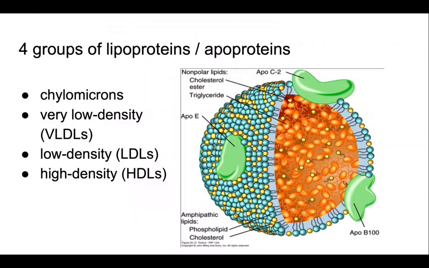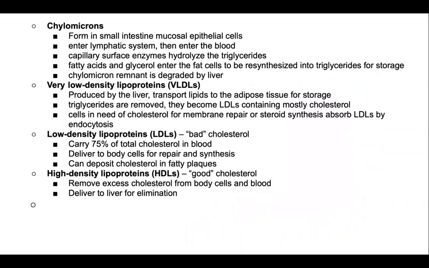So looking at the lipoproteins or apoproteins, we've got 4 different categories. The chylomicrons, VLDLs are very low density lipoproteins, LDLs are low density lipoproteins, and then the HDLs are high density lipoproteins. So this is showing here where you've got your cholesterol and triglyceride inside the molecule with this coating around the outside.